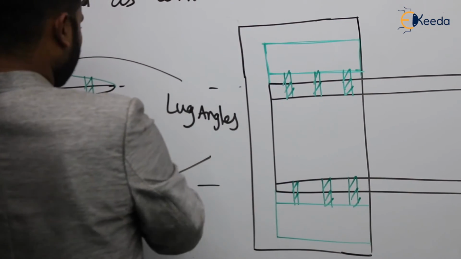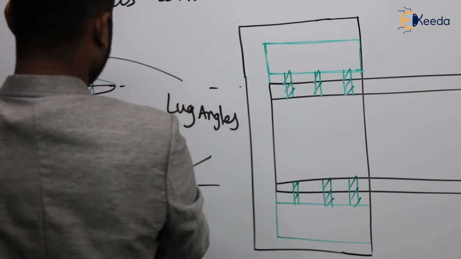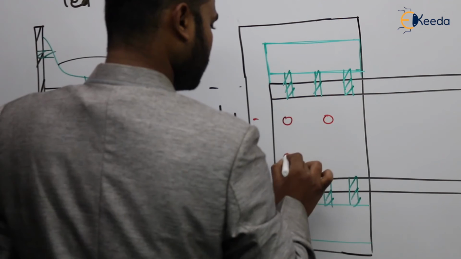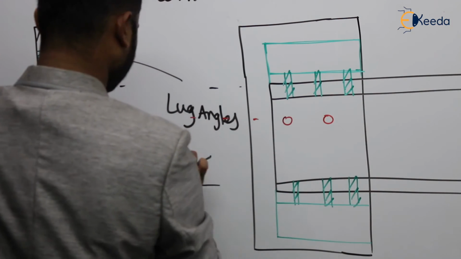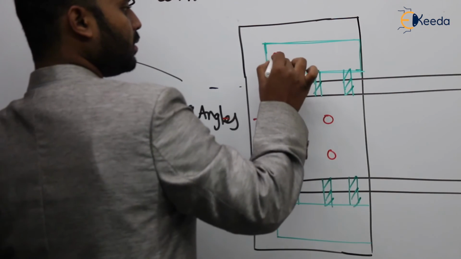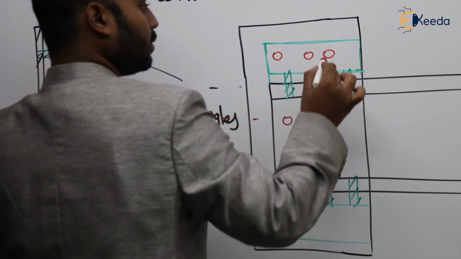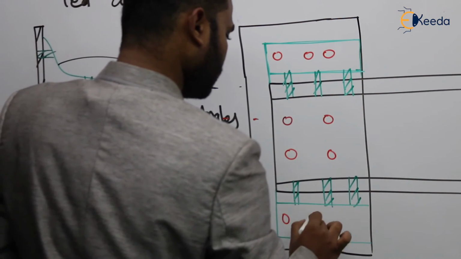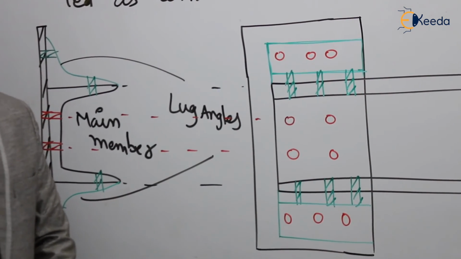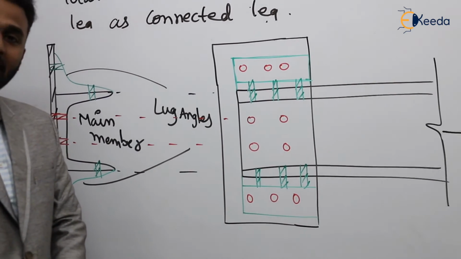This is the connection. This is the channel, used as a tension member.